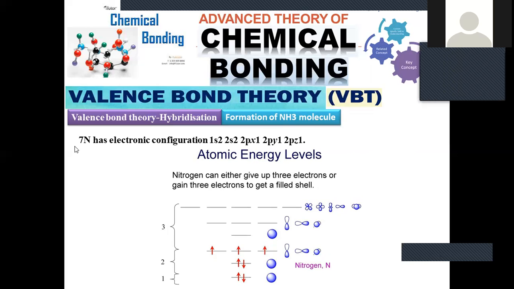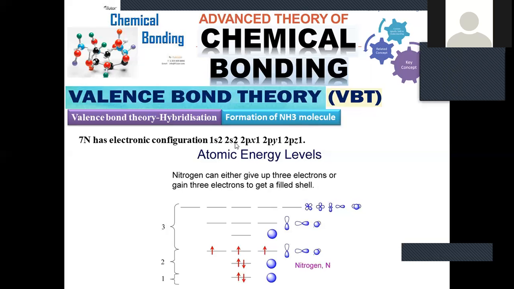In order to explain this, nitrogen with atomic number 7 has the electronic configuration 1s2, 2s2, 2px1, 2py1, 2pz1. Already we have 3 electrons which are sufficient for 3 bond formations with hydrogen. But the s orbital is also present. So the 2s and 2p orbitals are collectively regarded as the valence shell, the outermost shell.